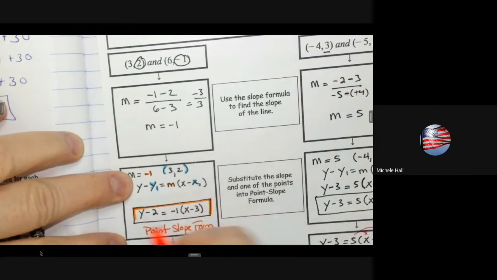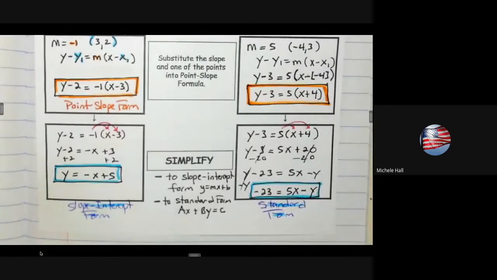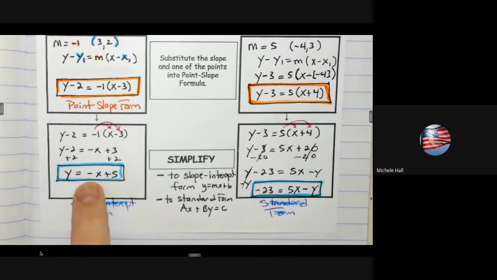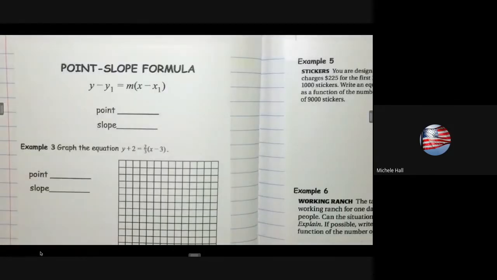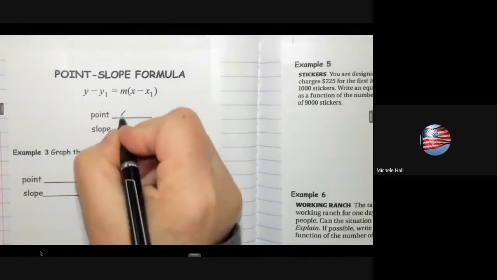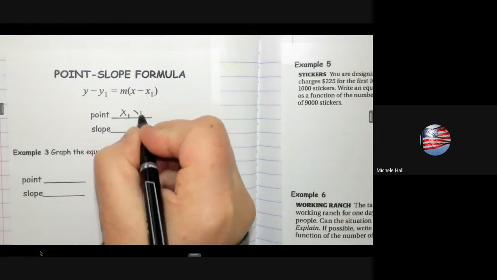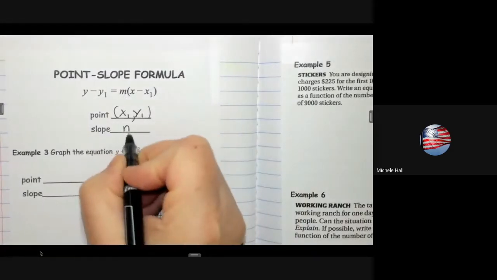So, depending on what the directions are asking for, we can have any of these three forms. We can choose, or the directions will choose for us. We have standard form, ax plus by equals c, slope-intercept form, y equals mx plus b, and then we have the point slope form. We've already talked about the point slope formula. We have the point x1 and y1. And then we have the slope m.